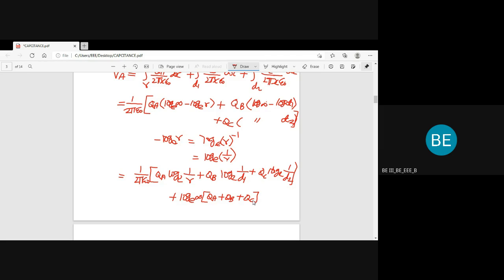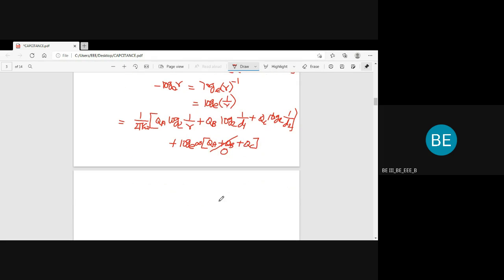If we are assuming a balanced condition, all the charges remain the same, so the summation of these values will be equal to 0. So we are neglecting this term, and we will have only the remaining terms.